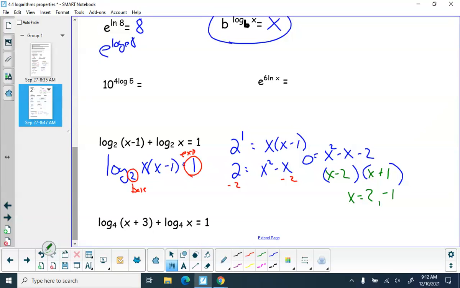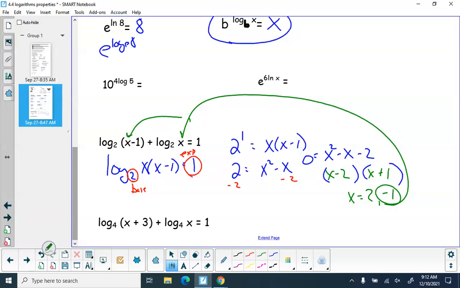Should get 2 and negative 1. Now, once again, you need to check your solutions. If I put negative 1 back in for x, I get negative 1 minus 1, and I get log of negative 1.